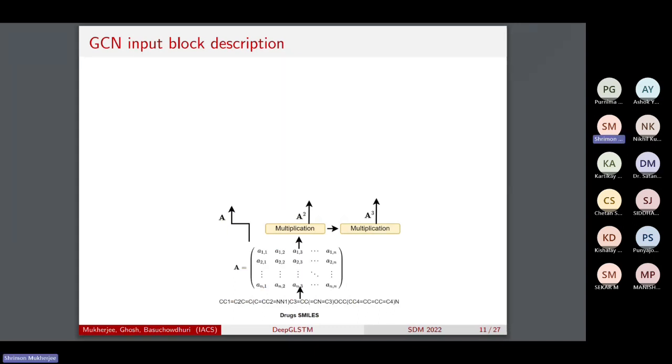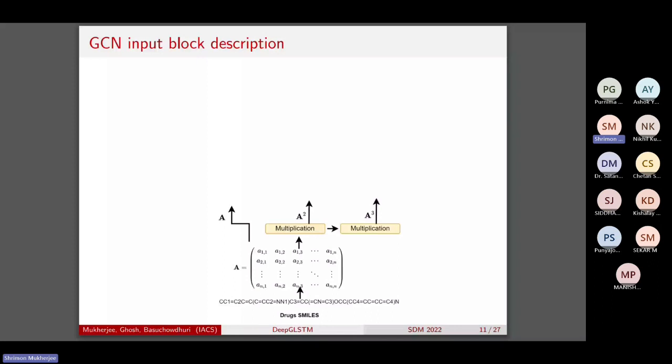Now, drug SMILES, as I said in the previous slides, are typically encoded as 1D string structures. There is an existing library called RDKit, and if we apply RDKit on top of the SMILES strings, we will get this representation.